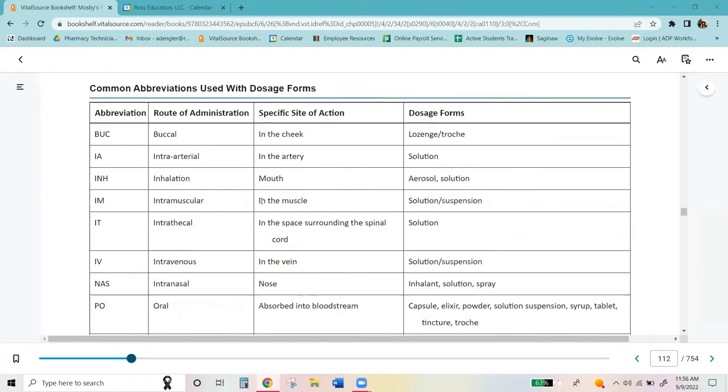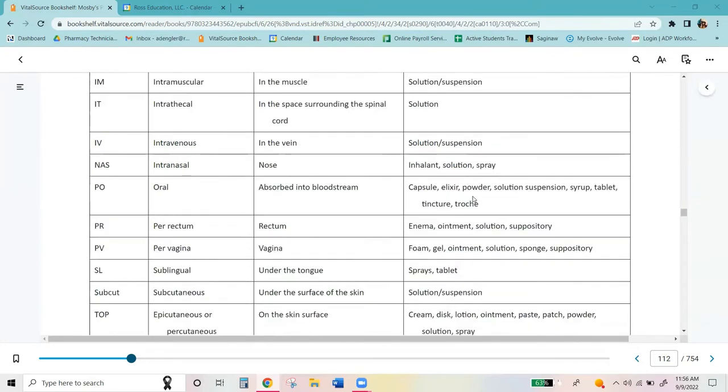Some of them are definitely a repeat from that first table we saw at the beginning of this chapter, but you'll see the abbreviation, the route of administration, and the specific site of action, so where it's working. So intramuscularly is working in the muscle. If you take an inhalation, its site of action is your mouth, and so on and so forth. And then it also lists the dosage forms for those.